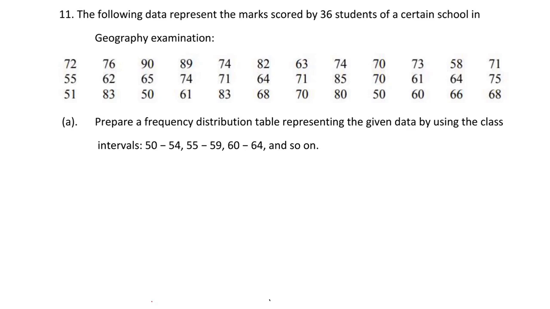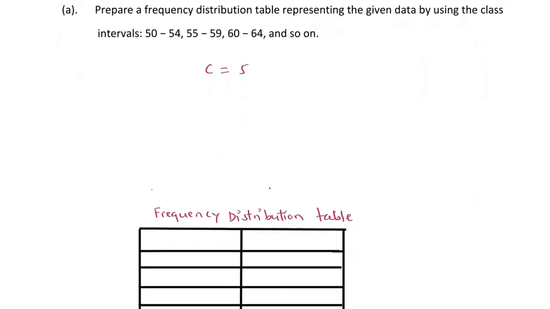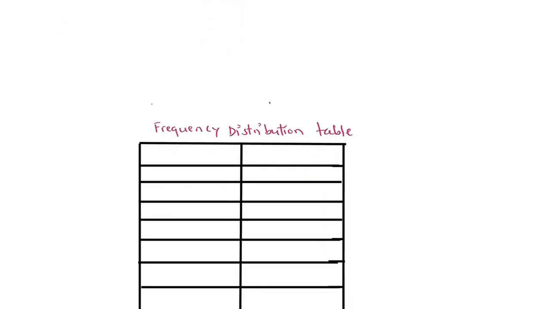Okay, so this is a statistical problem. We have to recall that a frequency distribution table is a table that contains class intervals and their corresponding frequencies. From the intervals given, the class size for the data is 5. Let us sketch our table, which has class intervals and their corresponding frequencies.